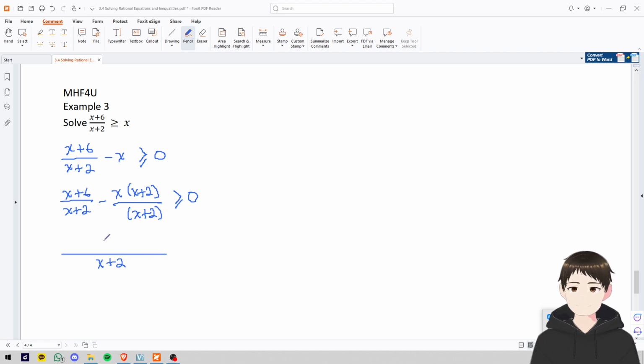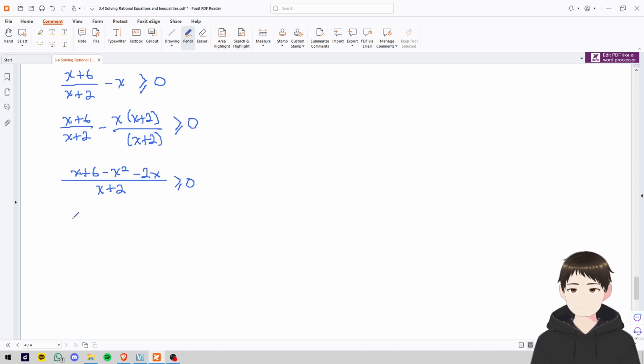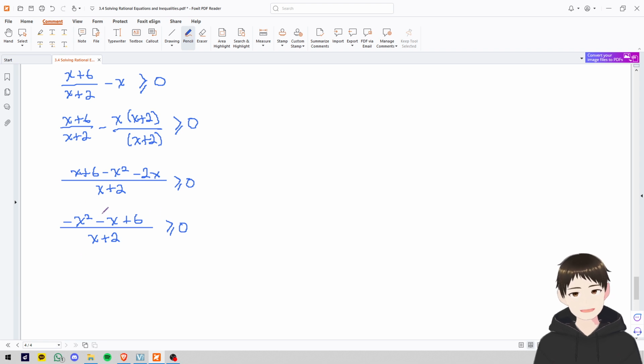Got it. And then we have x plus 6 minus 6x squared minus 2x is greater than or equal to 0, which means negative x squared minus x plus 6 over x plus 2 greater than or equal to 0. There's some factoring.